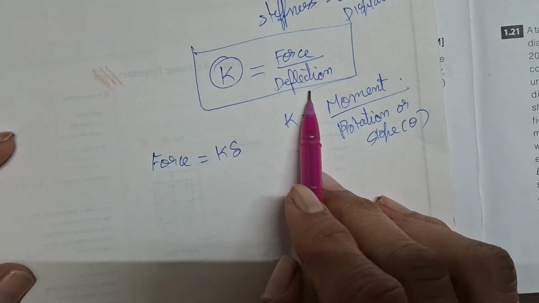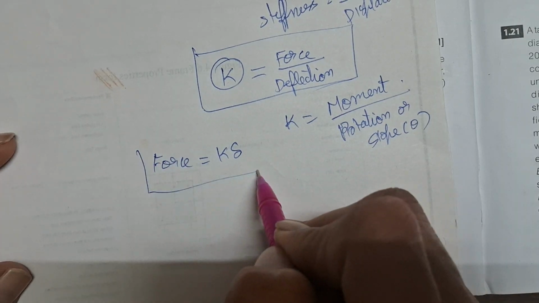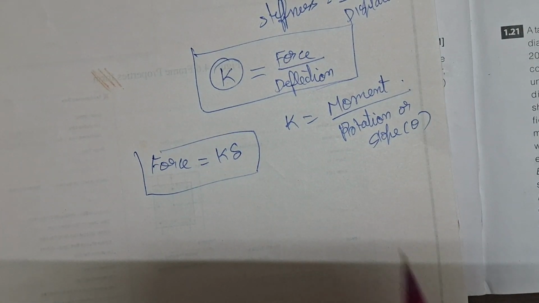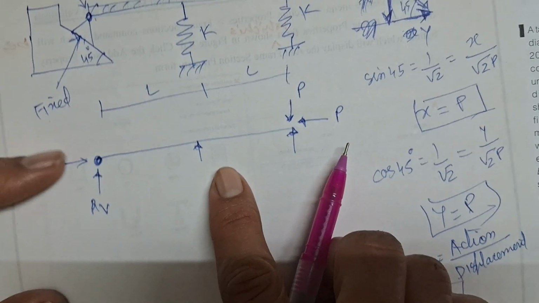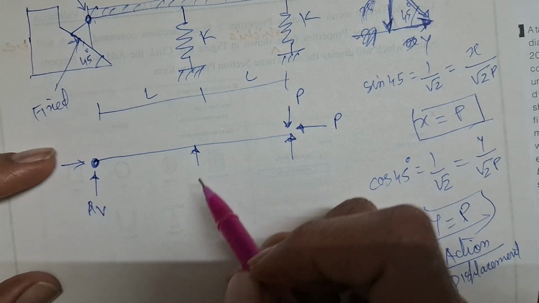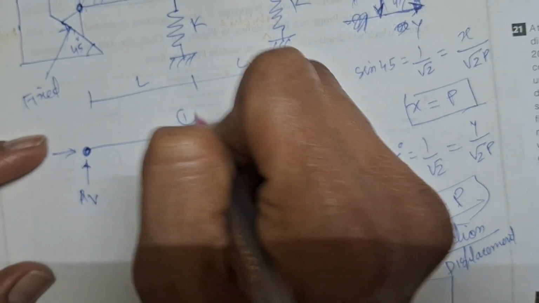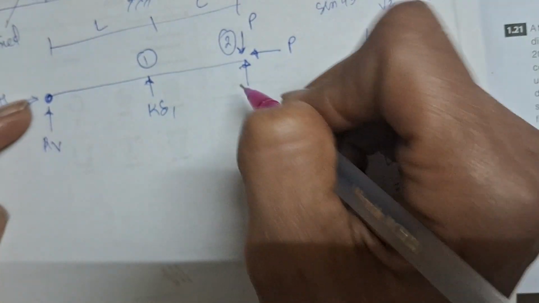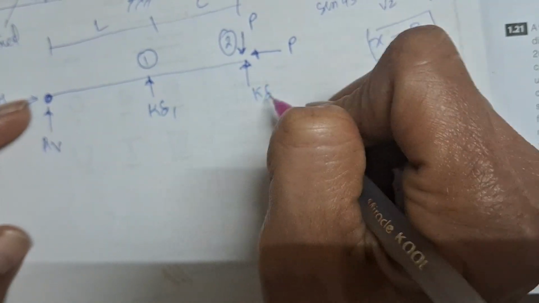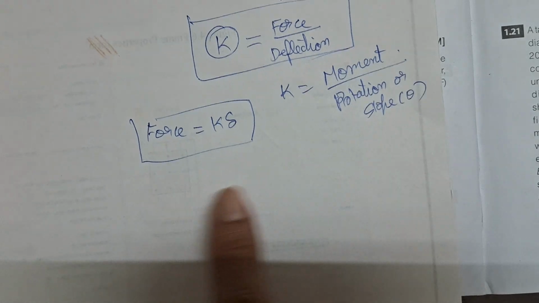Suppose I am writing deflection as delta, so force will be K into delta, right. So here at point 1 the force or reaction will be K delta 1, because this is point 1, this is point 2. So here also reaction will be K delta 2 by this logic, okay.